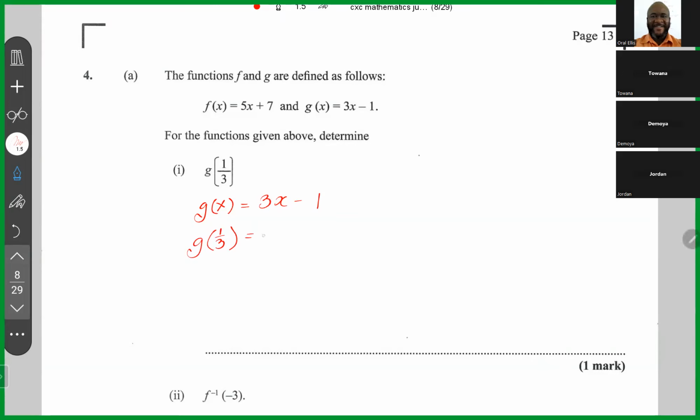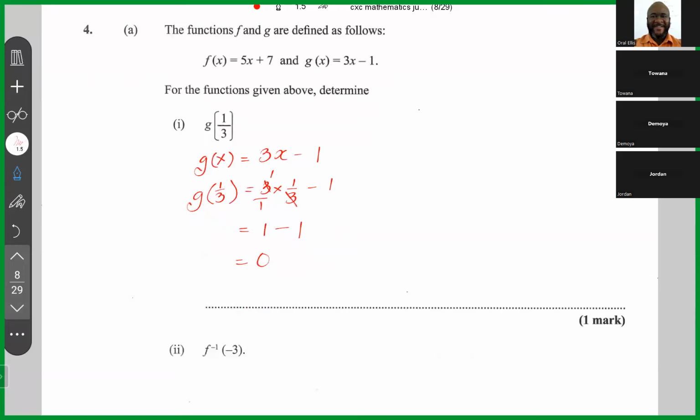So this is 3 times 1/3 minus 1. Now, 3 times 1/3 is 1. So this is 1 minus 1. g of 1/3 is equal to 0. 1 minus 1 is 0.